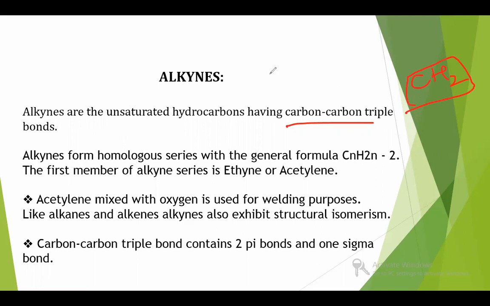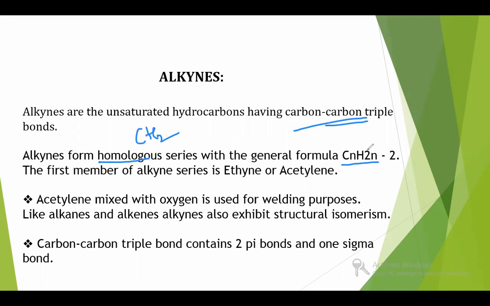Carbon and hydrogen, that is 12 plus 2, equal to 14 units. They differ by 14 units, that is a homologous series.